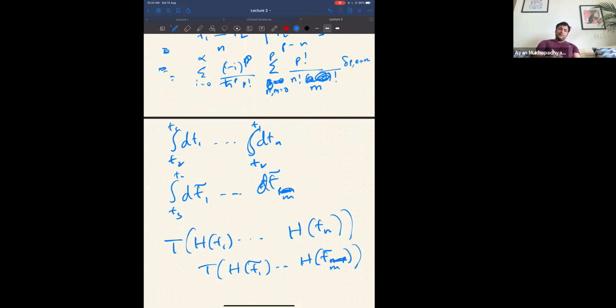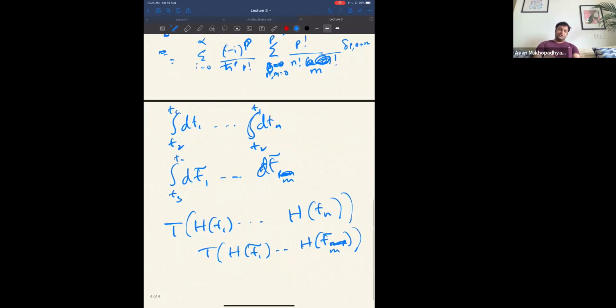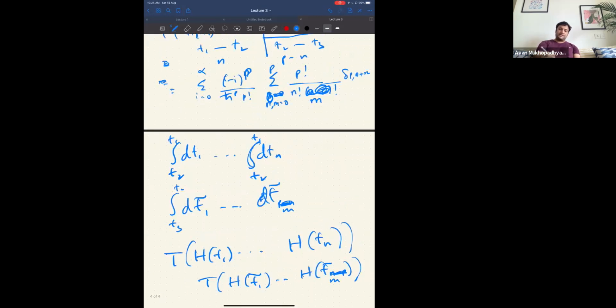And now I can remove the restricted summation. Because here p is equal to n plus m contributes, I can forget it. This thing I can replace now by the sum n is equal to 0 to infinity, sum m is equal to 0 to infinity, minus i to the power n plus m by h bar to the power n plus m, factorial n, factorial m.